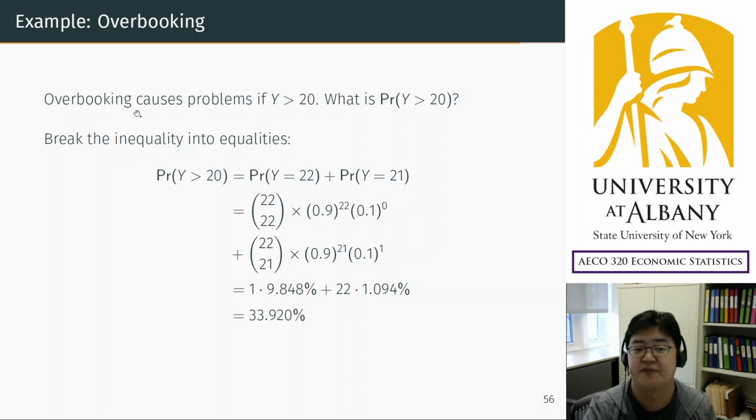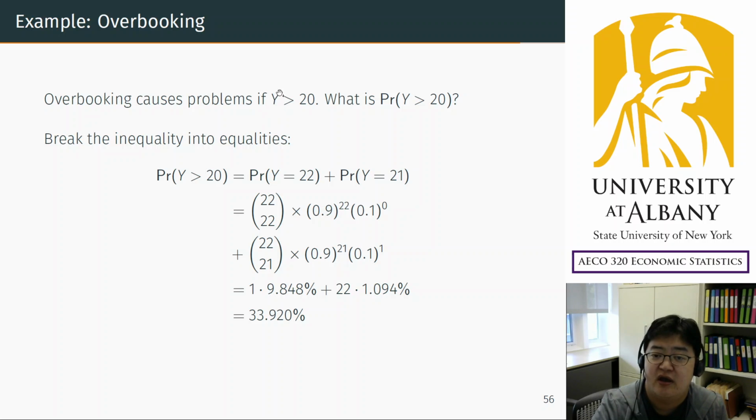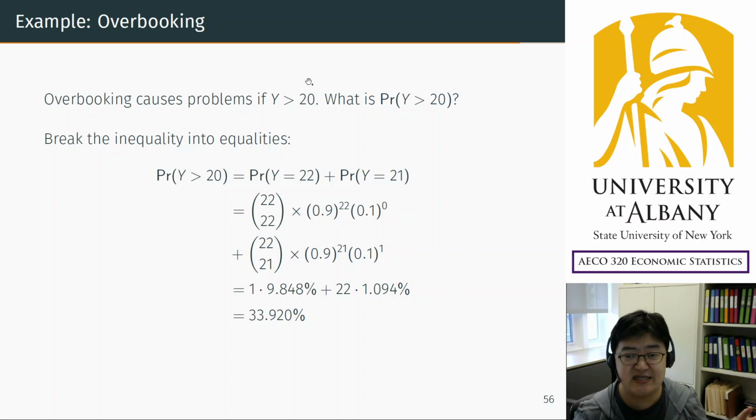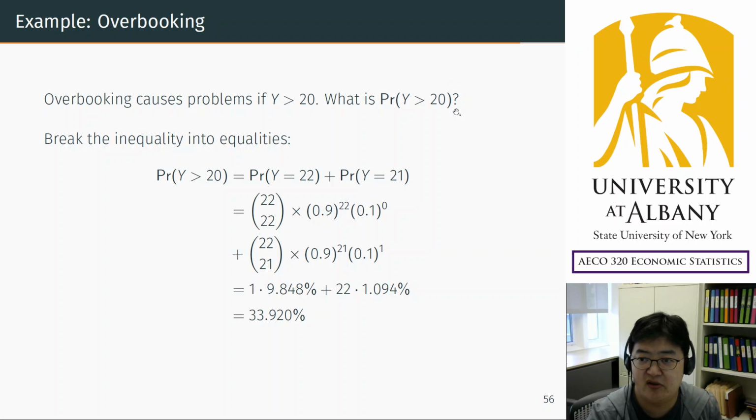In this case, the actual problem arises if the number of non-cancelled reservations is greater than the number of seats, right? There are only 20 seats available, but if more than 20 tickets are sold, there could be some problems. What's that probability? This is the main probability the airline must be interested in, right?